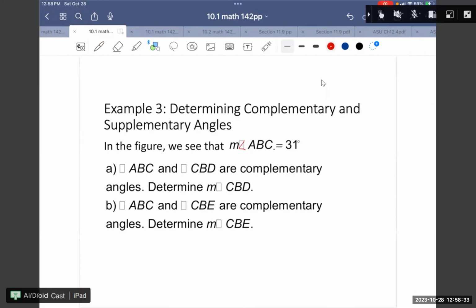Then we have complementary angle and supplementary angle. Make sure we have all these angles. For A, the angle ABC and the angle CBD are complementary, so we determine the measure of that. And for B, we have the angle ABC and the angle CBE, the complementary angle, determine the measure of CBE.